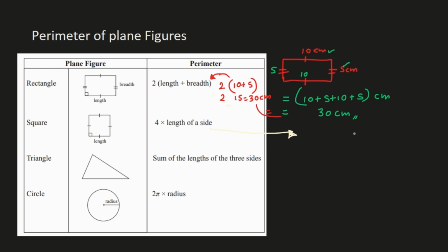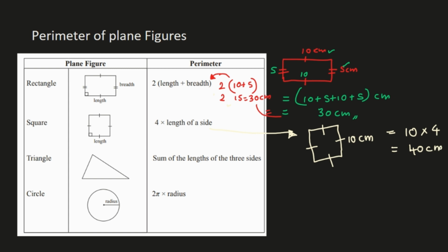So that's simple. If I draw a square like this and all the sides are equal to each other and it is 10 centimeters, I can calculate its perimeter as 10, which is the length of a side, into 4. So the answer will be 40 centimeters.